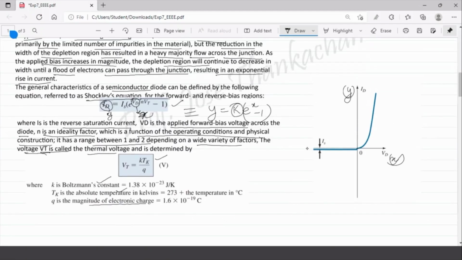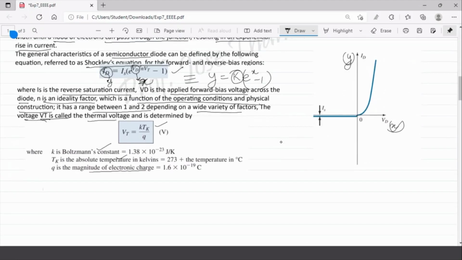So in the forward bias condition, let me just write down here for forward bias condition.